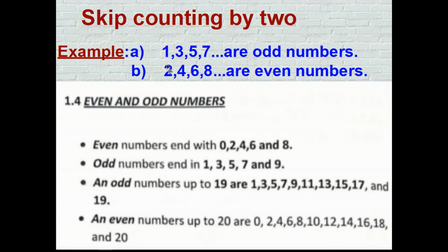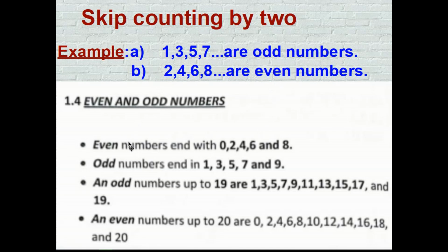The first example, 1, 3, 5, 7 are what? Odd numbers. And the second one is 2, 4, 6, 8 are even numbers. They are skip count by 2. So the first one is odd numbers, because they cannot be divided by 2.